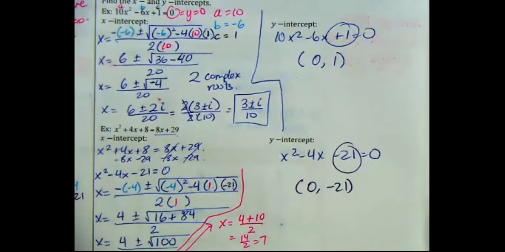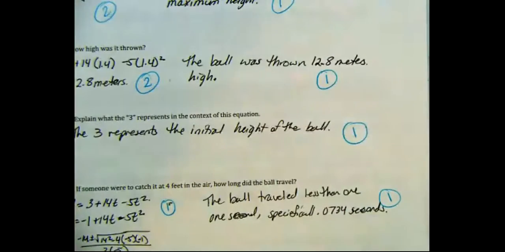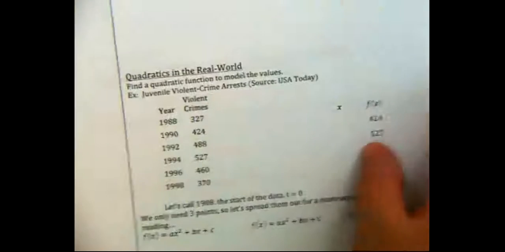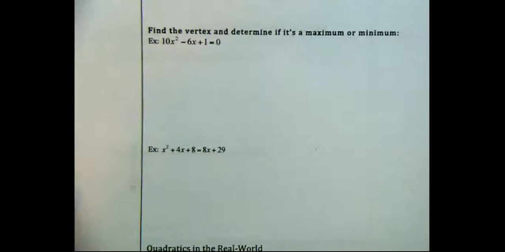All right, let's flip it over. We don't have much more, but the next few examples are pulling back to the same exact functions. We have the same two functions as the previous page, but now we're going to use methods from the first page of notes. So we want to find the vertex and determine if it's a maximum or a minimum.